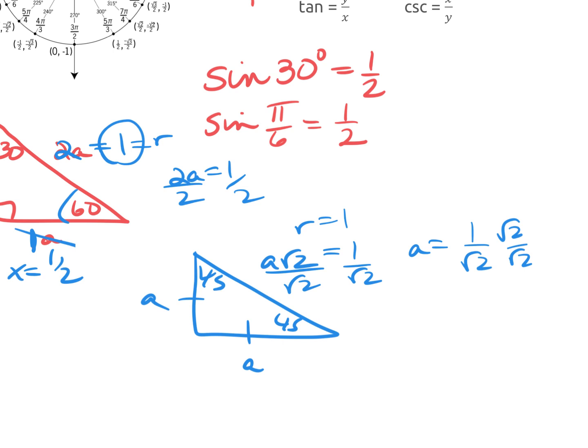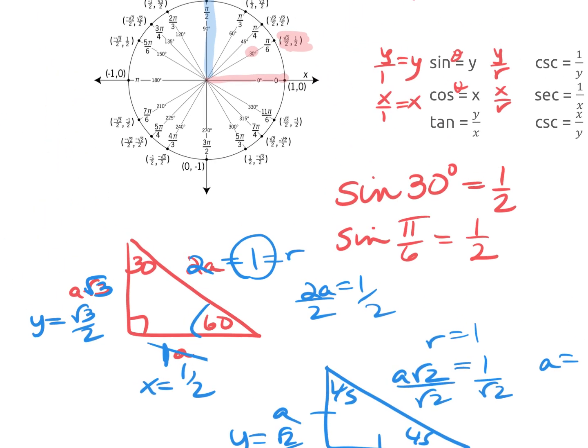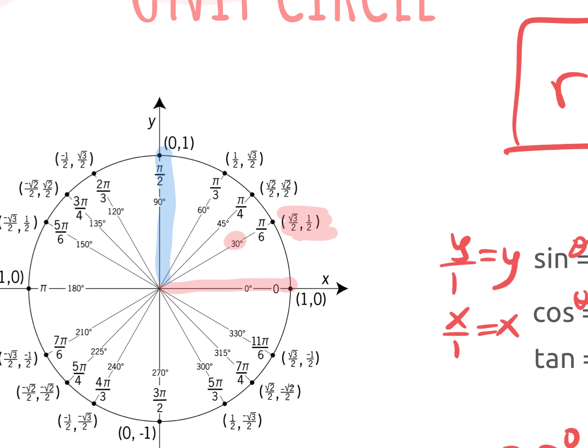Rationalize, square root 2 over 2, and that's what these two sides of my triangle are, which is our x and our y. And notice in the ordered pair on the 45-degree angle, the x and the y are both square root 2 over 2. So this is why this is changing, because our radius length is now a 1.